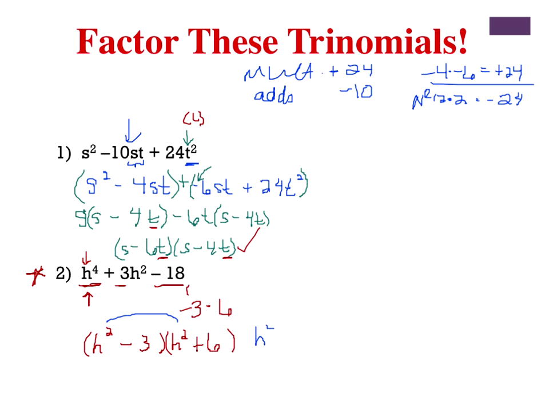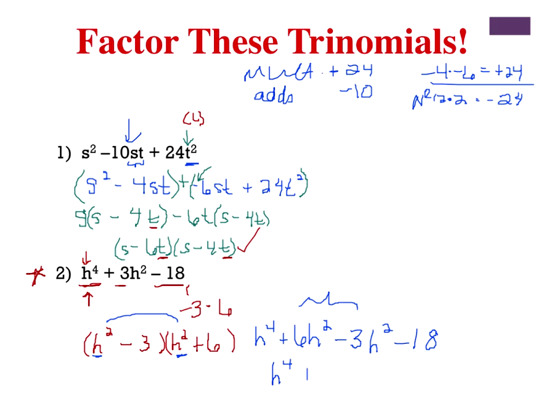As I always do, I'll check my answer through distribution. I have h to the 4th plus 6h squared minus 3h squared and minus 18.